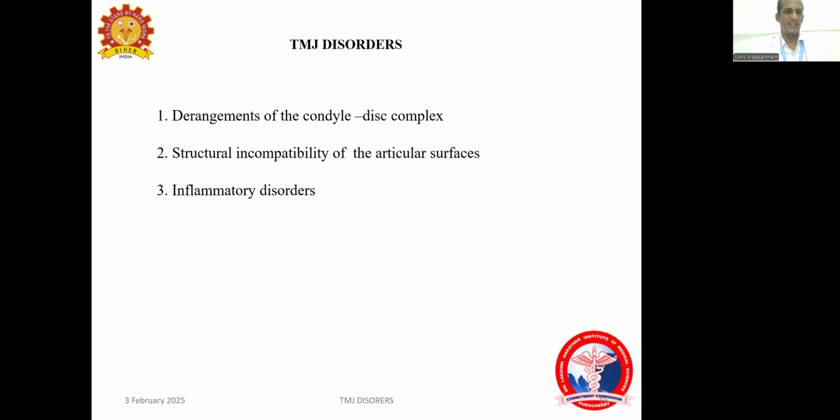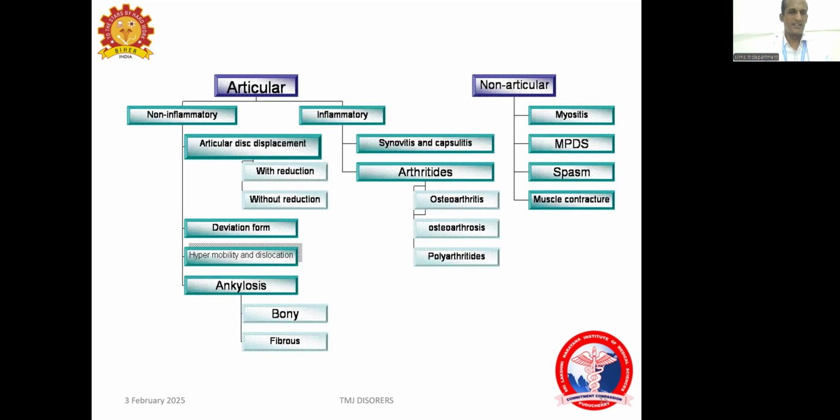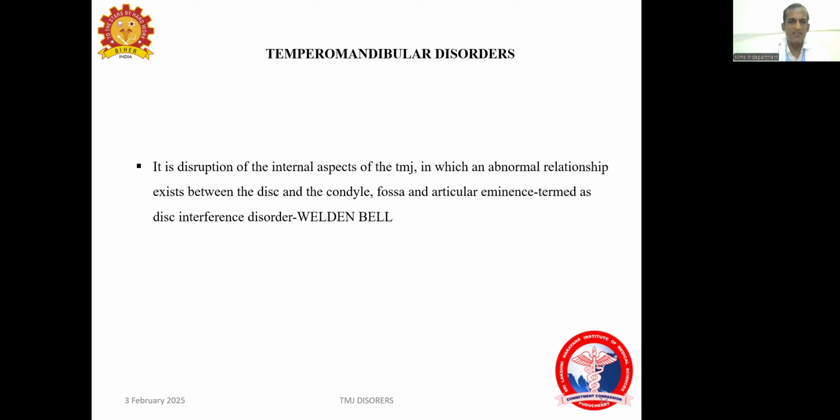This is the inflammatory. It can be synovitis or capsulitis, or it can be associated with osteoarthritis. As with all other joints in the human body, it can similarly affect the temporomandibular joint. This is the inflammatory condition.